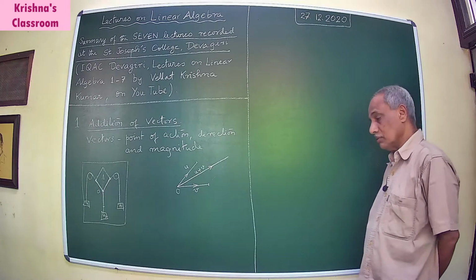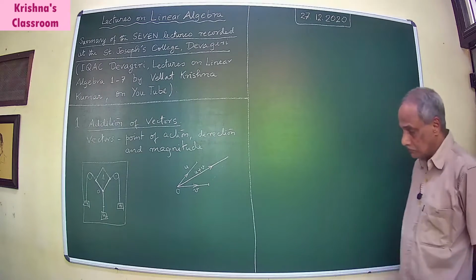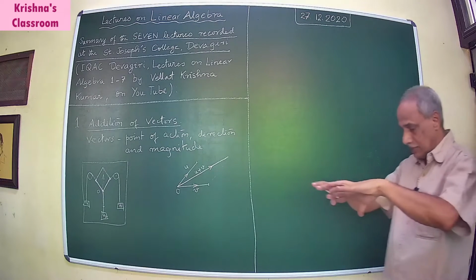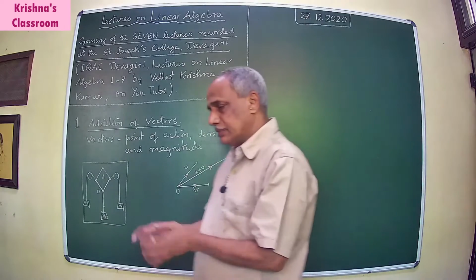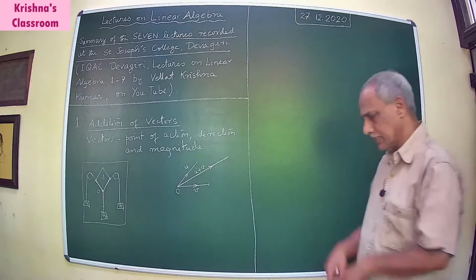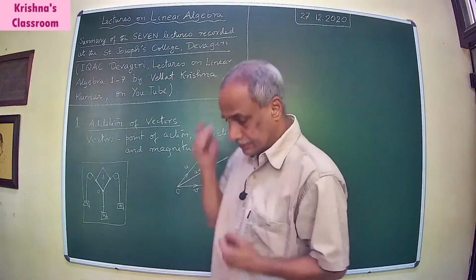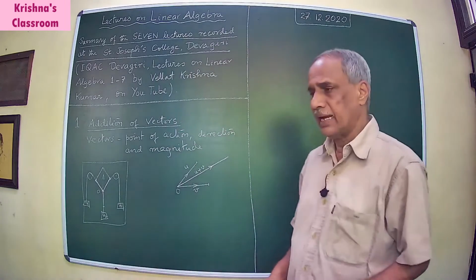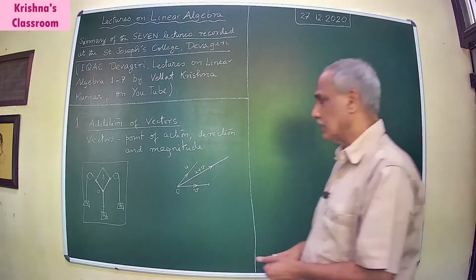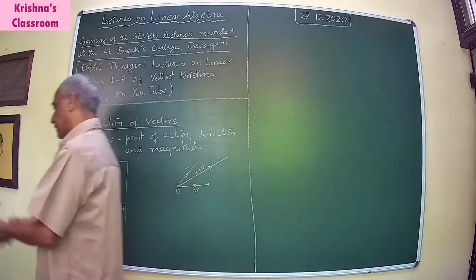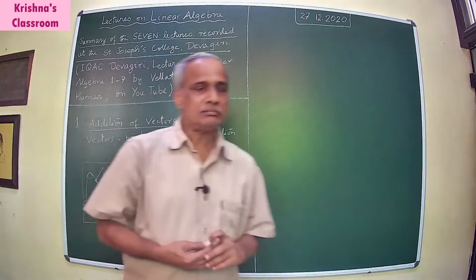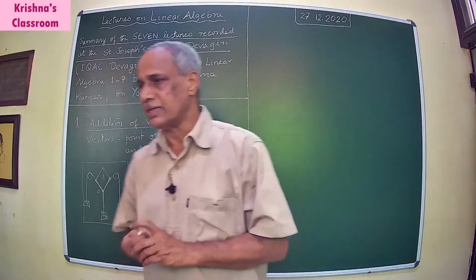Now, the next step is that when you have several vectors acting at a point, you do the natural thing, namely you pairwise add them, get the resultant, and eventually reduce to a single vector, which is called the resultant of all the vectors that are acting. So that's the inference that you make.